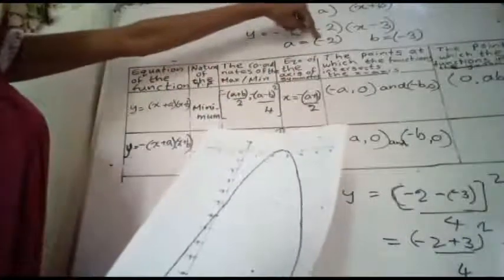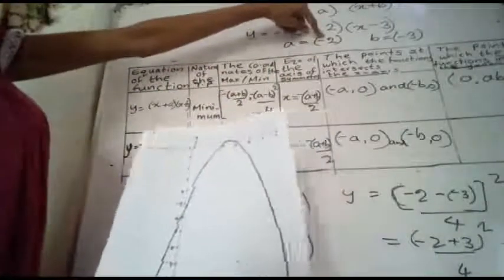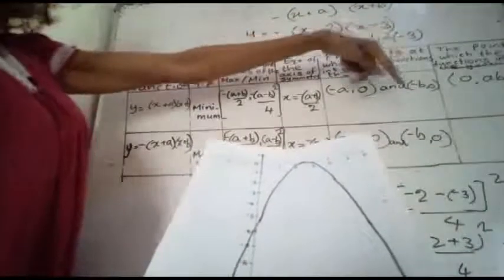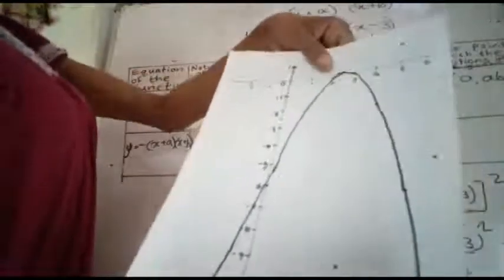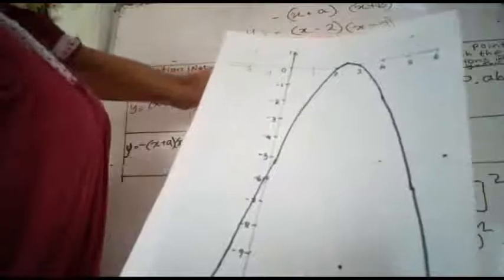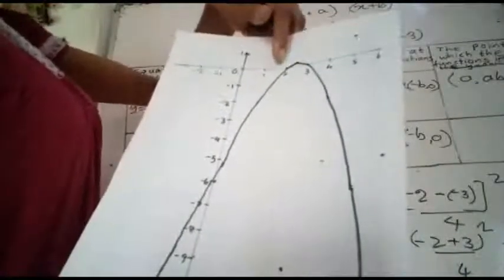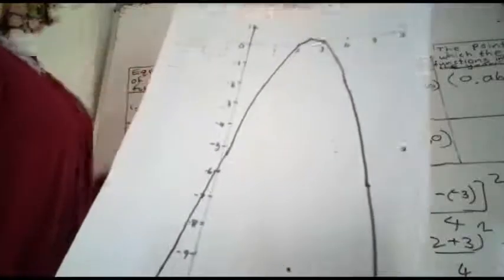Here a is negative 2, so negative a is positive 2. b is negative 3, so negative b is positive 3. The points at which the function intersects the x-axis are (2, 0) and (3, 0).